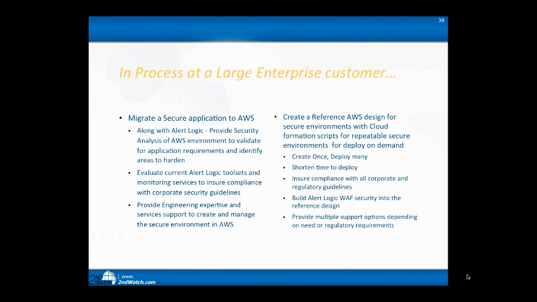As was mentioned earlier, that's something that needs to be done on a very proactive basis, and we're working in tandem with AlertLogic right now to do that. We're looking at current AlertLogic tool sets to see what can be deployed to help enhance the security in their environment, and we're providing engineering expertise and support services to create and manage that secure environment in AWS.